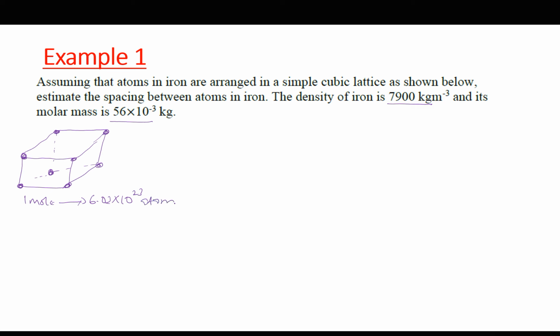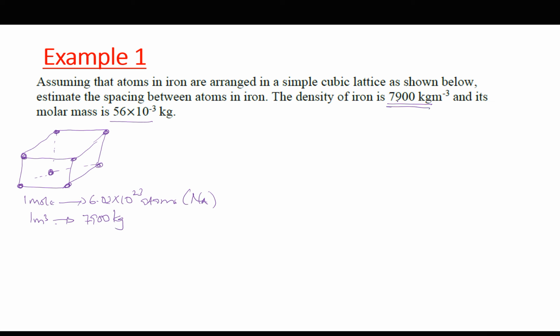This is Avogadro's number, Avogadro's constant, NA. We have the density to be 7,900 kilograms per meter cubed, which means that 1 meter cubed of iron has a mass of 7,900 kilograms. I've just quoted it from here.